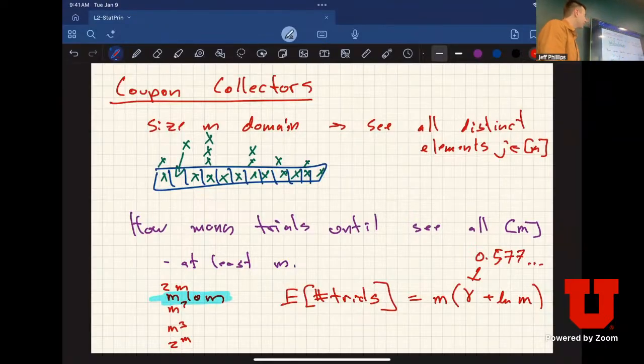People have resolved this very carefully. So it's very close to M log M, where the log is the natural log. That's the expected number of trials.